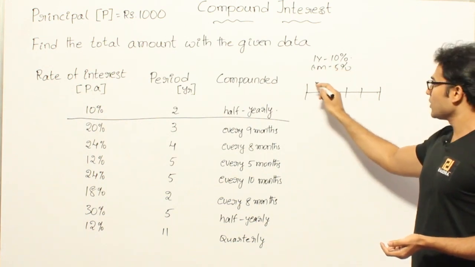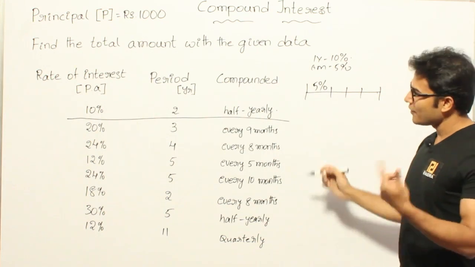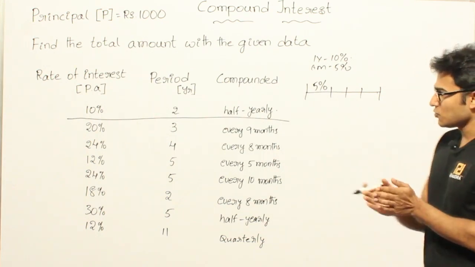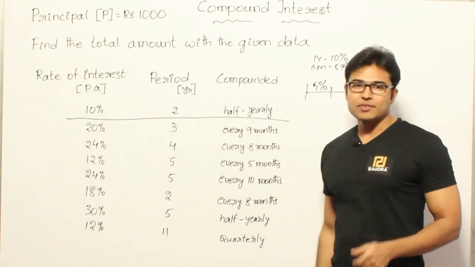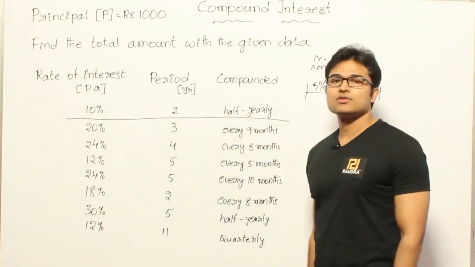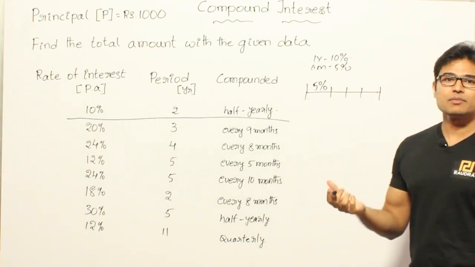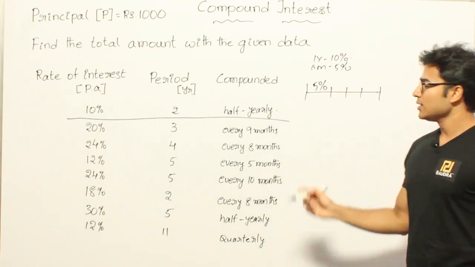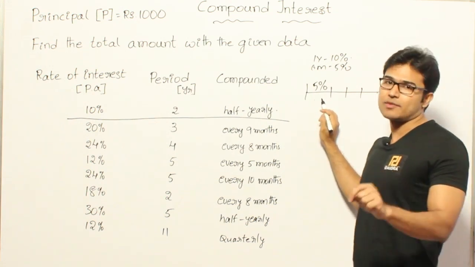Therefore for each part it is going to be 5%. The other way is to take the total rate: for 1 year the rate is 10%, so for 2 years the total rate is 20%. Then how many parts are there? 4 parts. So 20 by 4 is again 5, right? So we got 4 slots, and each slot's interest is 5%.